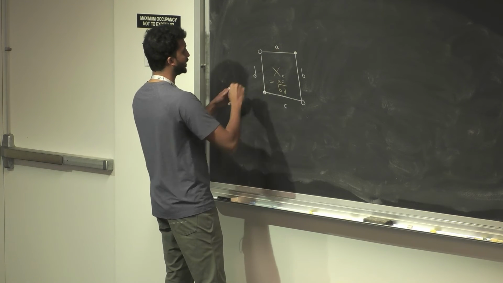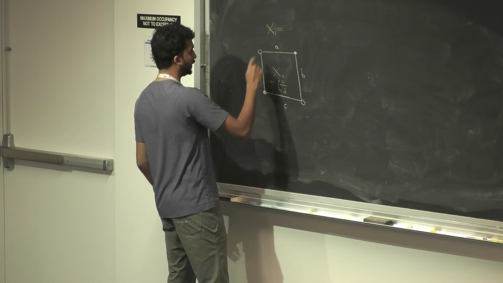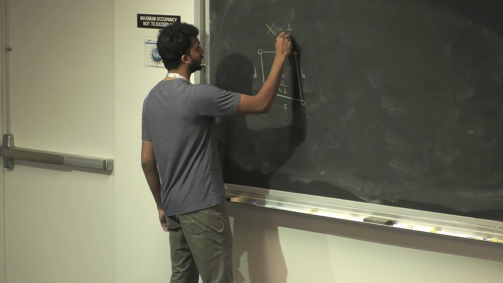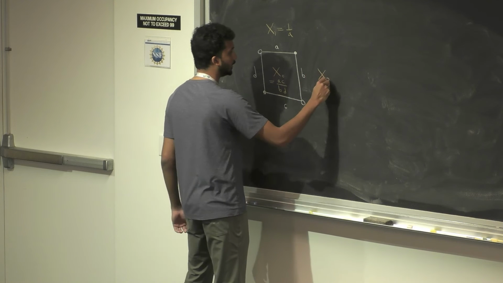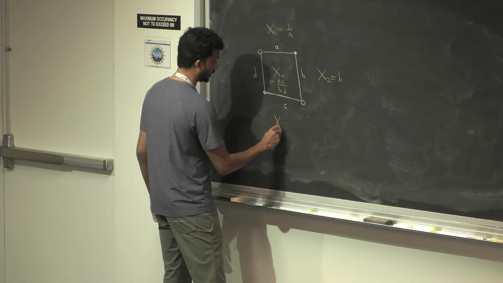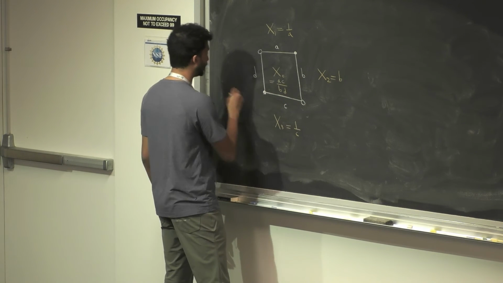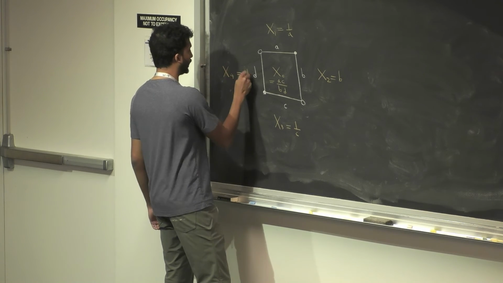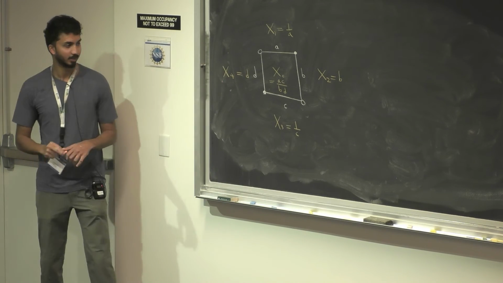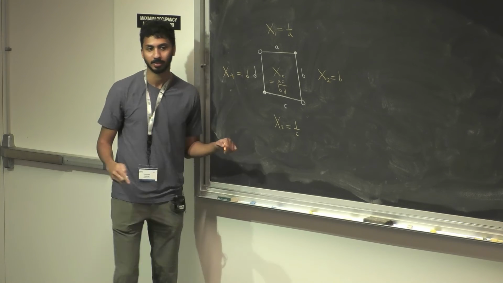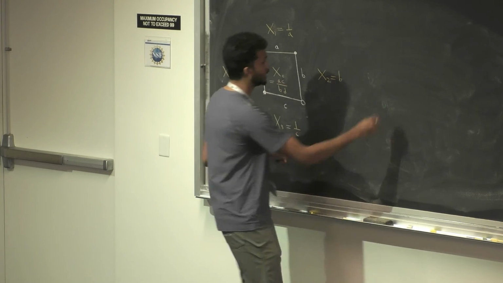And for these boundary faces, say x1 is like 1 over A, x2 is B, x3 is 1 over C. So your initial x variables are these. These are the alternating products that you would see.